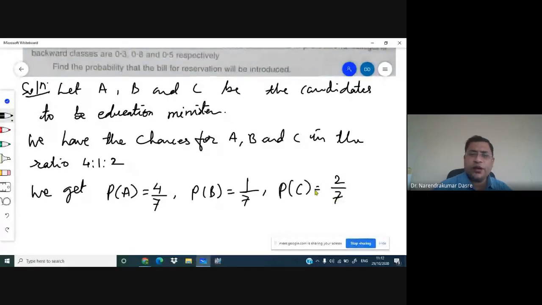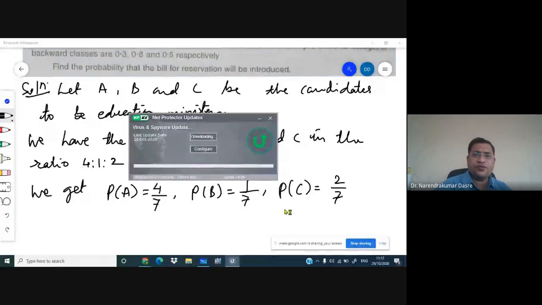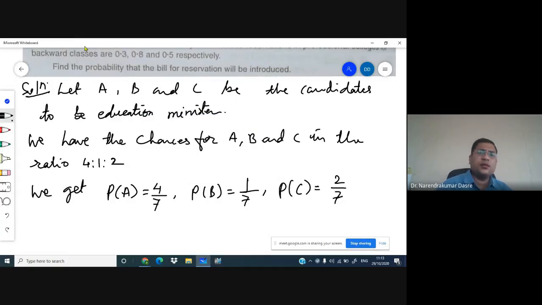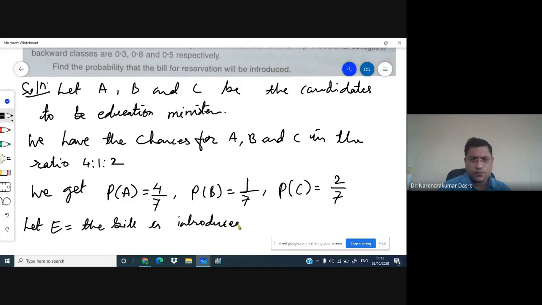So this becomes the probability of all the candidates A, B, and C. And now we have the event. What is the event we have? That the bill is introduced. So let E be the event that the bill is introduced.